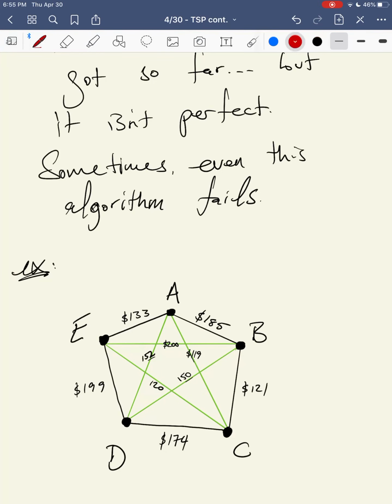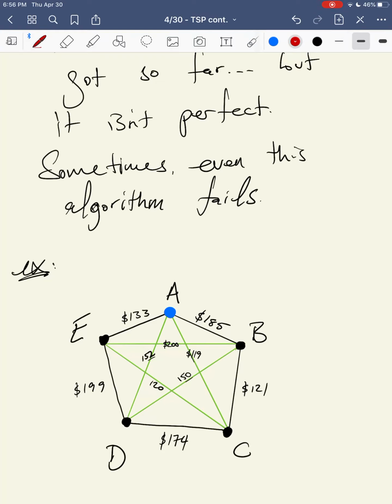Okay, so our starting vertex was A, right? A is our start. Now, from A, we want to choose the path which has the lowest cost. So, I look at the costs and I see that this is 133, this is 152, this one's 119, and this is 185.